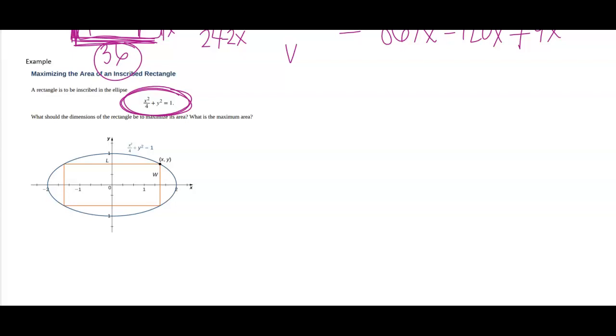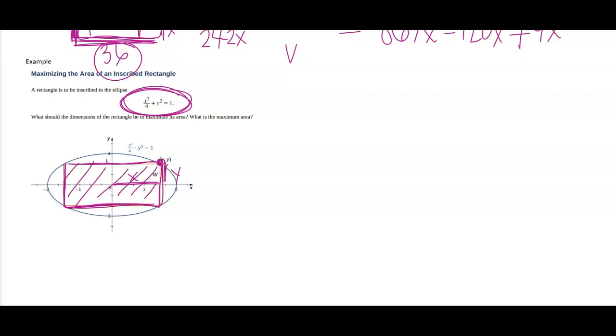Now, this is a little bit tricky because the whole rectangle is what we want to look at. And this point right here, xy, is only this x and this y. But I want this whole area.